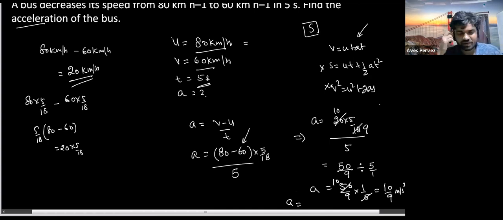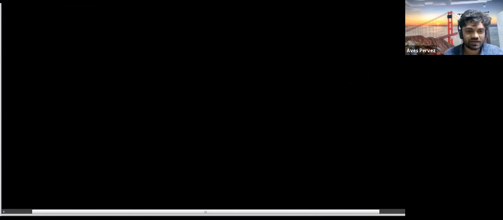Actually, you need to keep in mind that we have made some mistake here: we have the initial velocity as 80, not the final velocity. So the resultant answer will be minus here and plus here. Let me do the corrections.